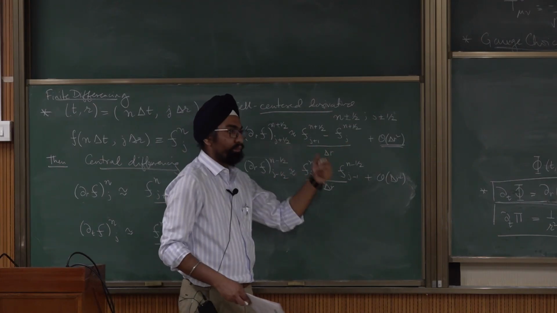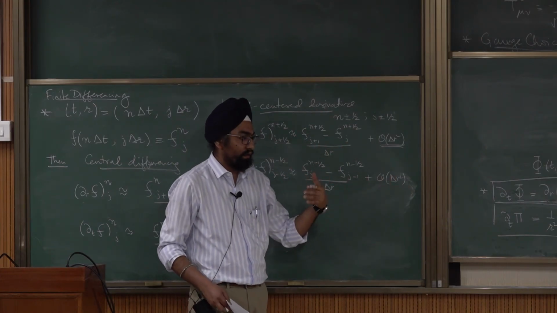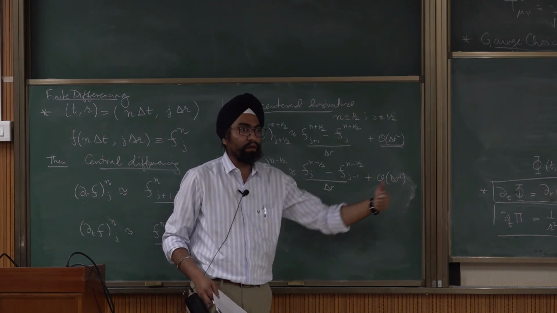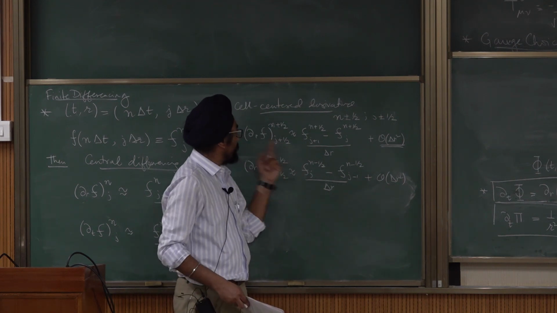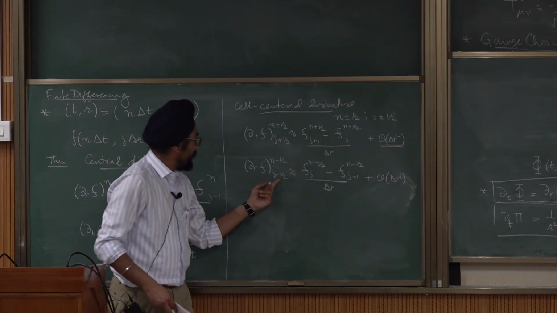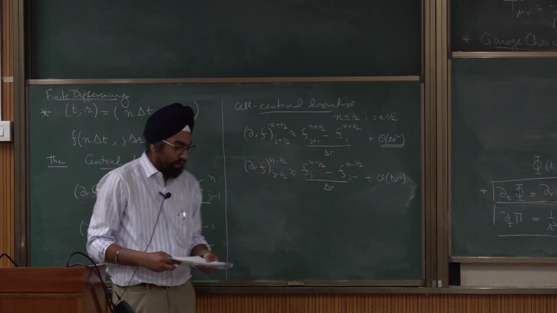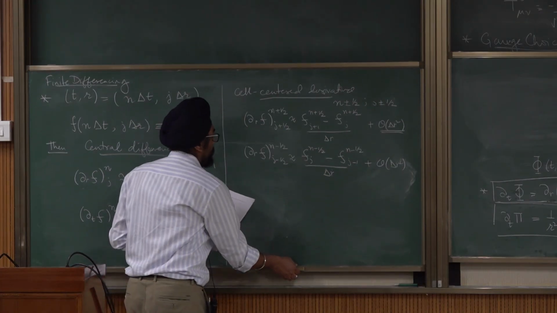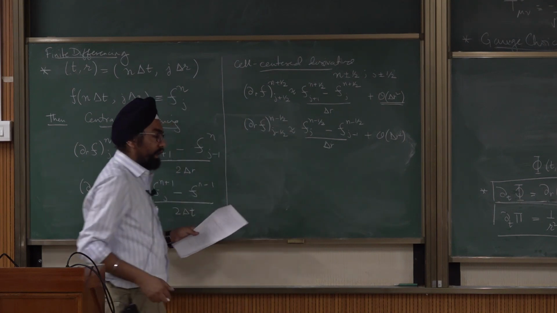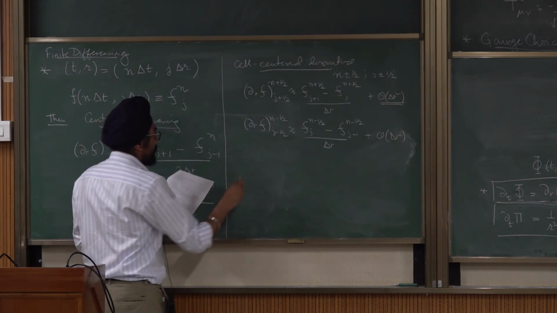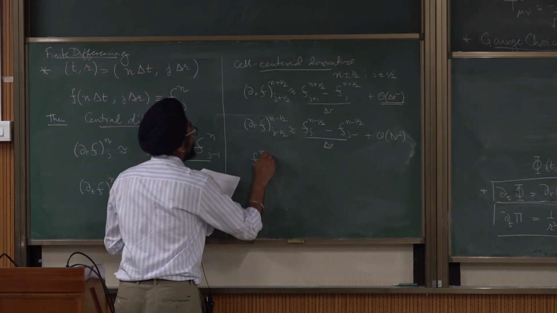The half step in the radial direction uses j plus 1 and j, and for the backward one you take the backward value. And then once you have these two, in order to get your usual ones, you take an average of both.